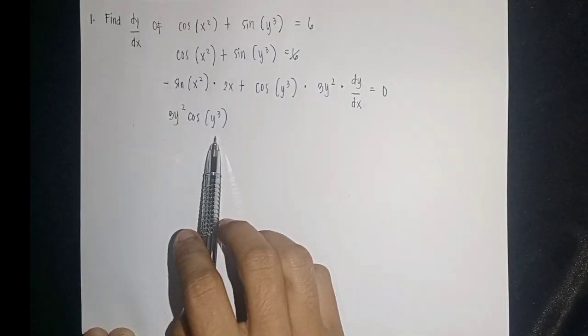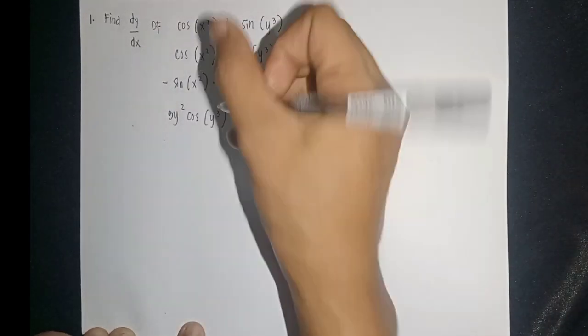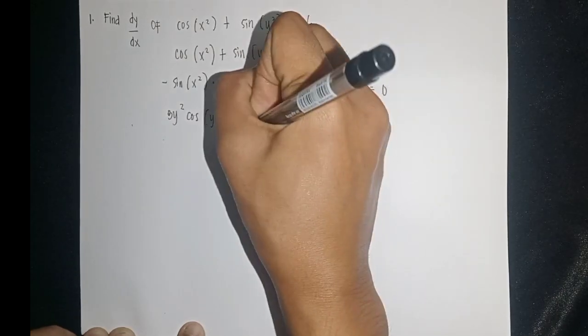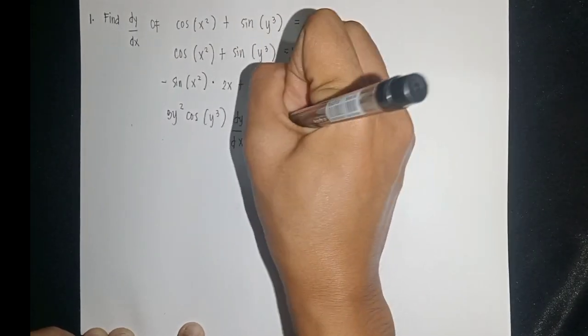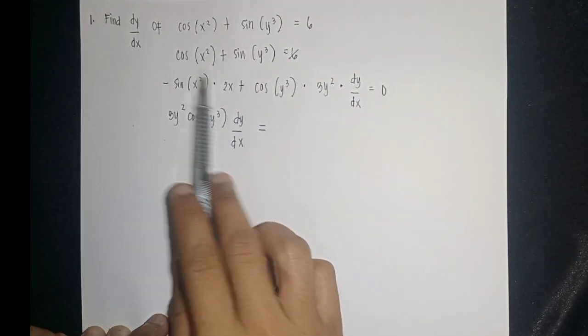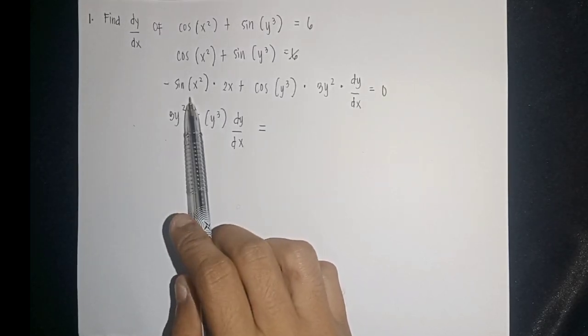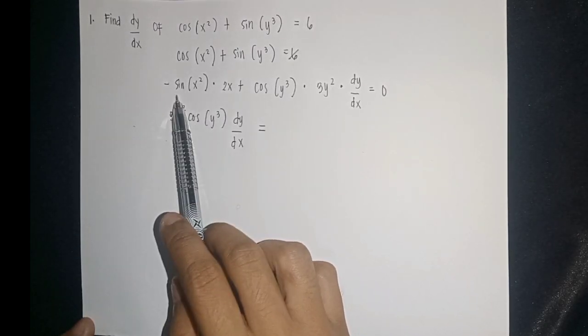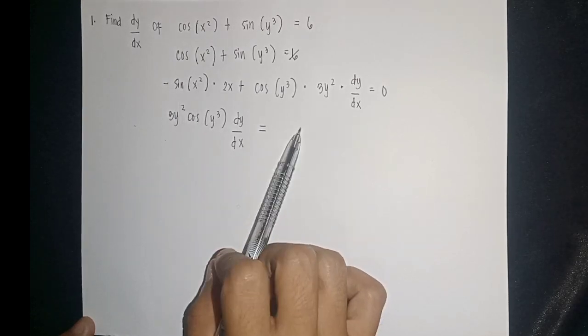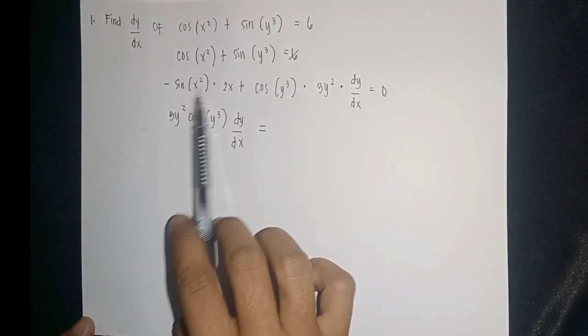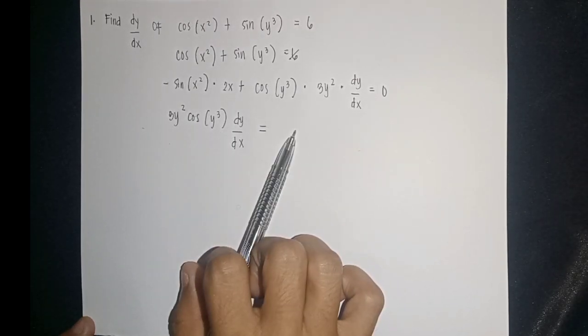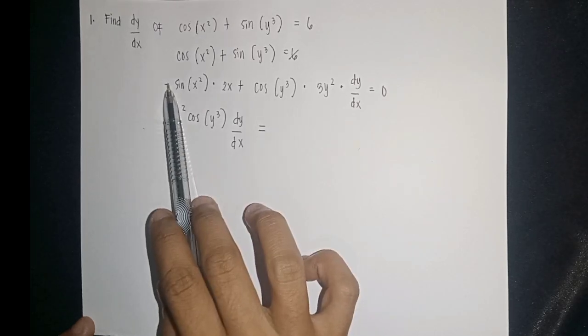So the answer is 3y squared times cos y cubed times the derivative of y with respect to x, equals the negative sign of sine, it will become positive, then multiply the 2x with negative sine x squared.